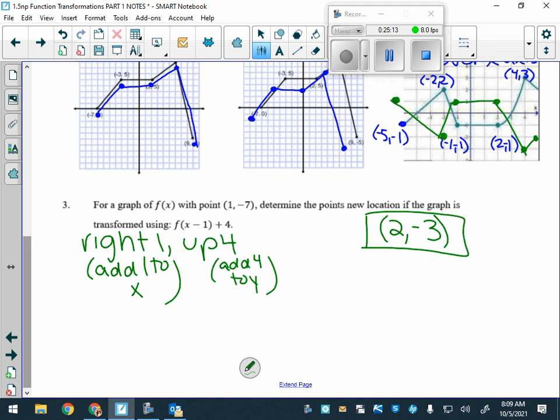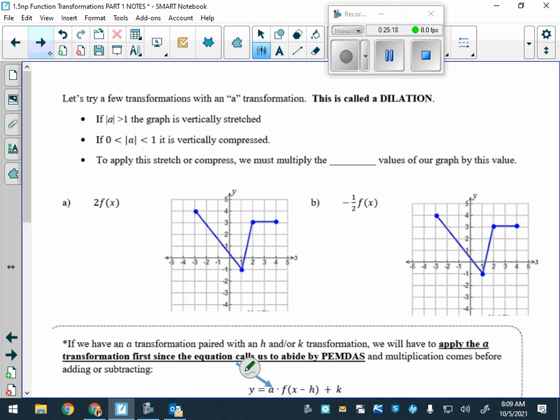Okay? All right. And the last thing is working with dilations. Okay? Which is what we've actually done with our normal functions, just not with random functions. Okay? So again, reminders, stretch, compress. We're multiplying the y values by this. Okay? So in A, what is happening? What do we have to do? What types of transformations are happening?